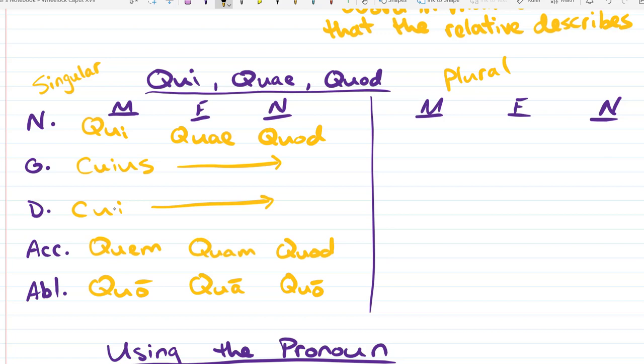For the plural, we're going to have qui, nominative. Feminine is quae, which is kind of what we would expect. This I and this AE we usually have for adjectives. Neuter is quae, which is a little different. In the genitive, we have quorum, which if you've ever heard of needing a quorum for something, this is where it comes from.